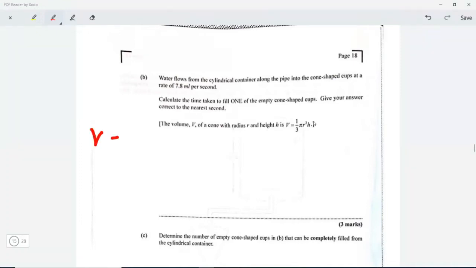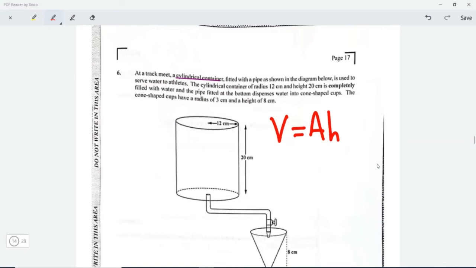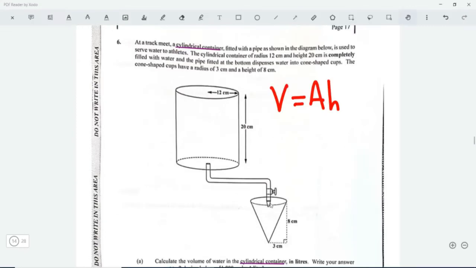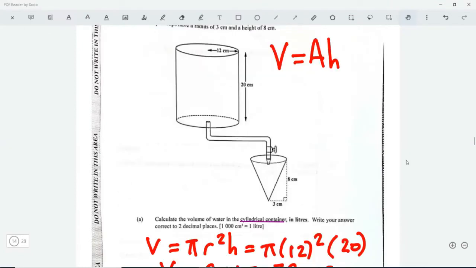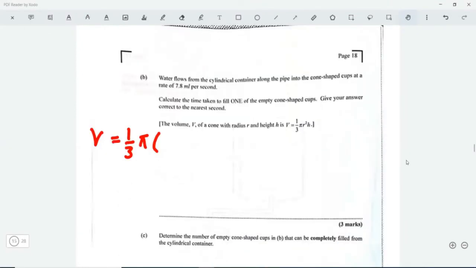Volume is equal to 1/3 times pi times r squared. Looking back at the question, what was the radius? Let me scroll down so we can see it. The radius was 3 centimeter. The radius of the cone is 3 and the height is 8. So this is 1/3 times pi times 3 squared times h, which is 8.